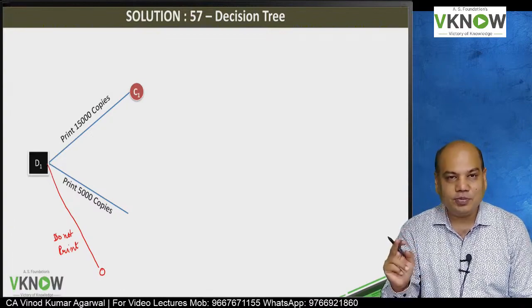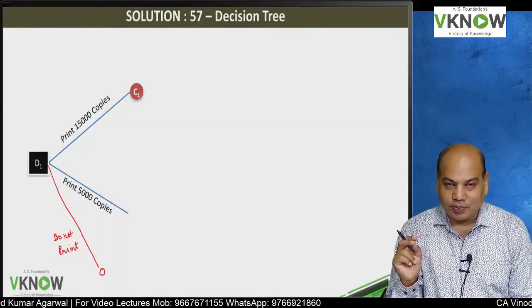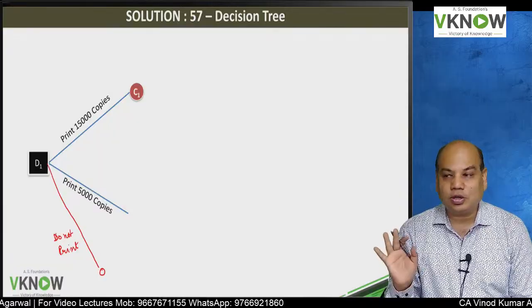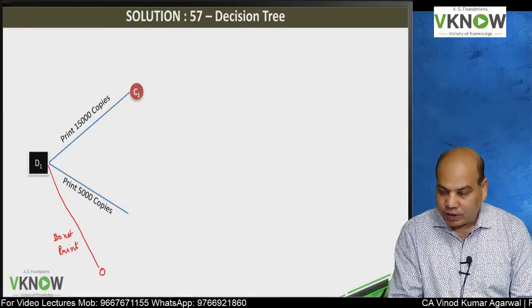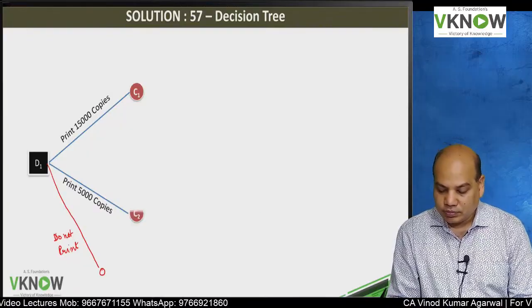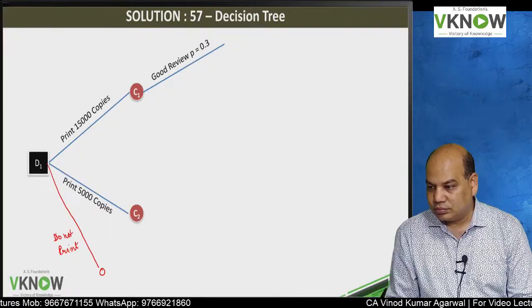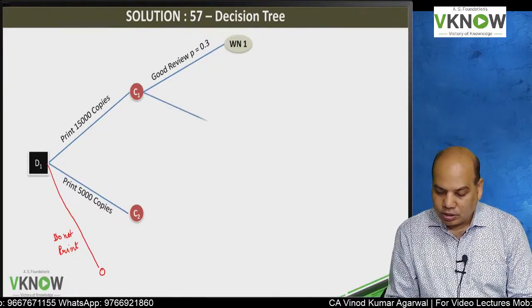If print 15,000 or print 5,000 copies give me a negative answer, then I will go to the do not print option.